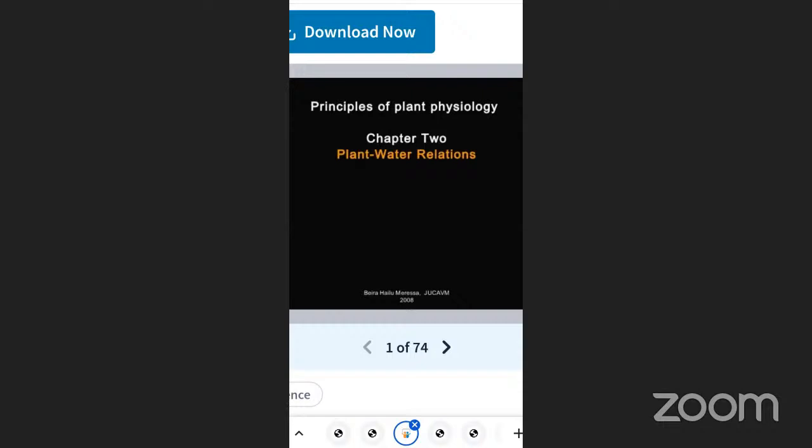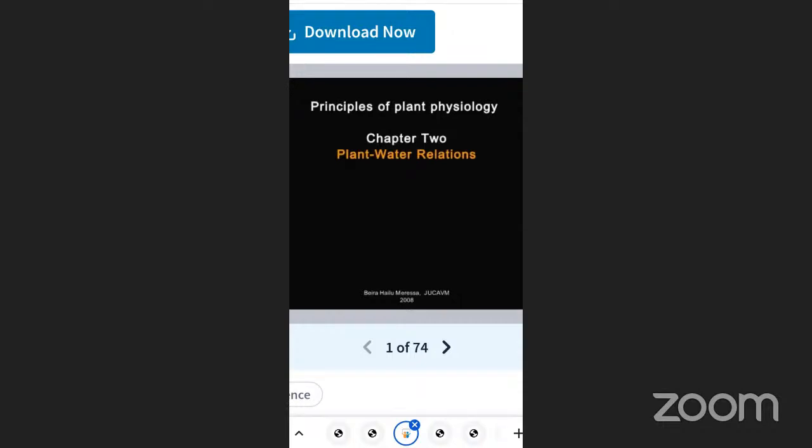The third block is respiration. The seventh unit is respiration, where after the formation of ATP, glucose is involved in respiration to release the energy. The eighth unit is nitrogen metabolism, where we discussed how nitrogen is fixed in the soil.